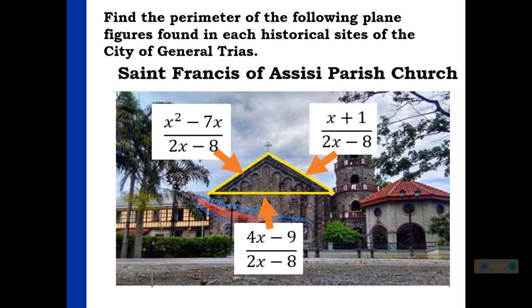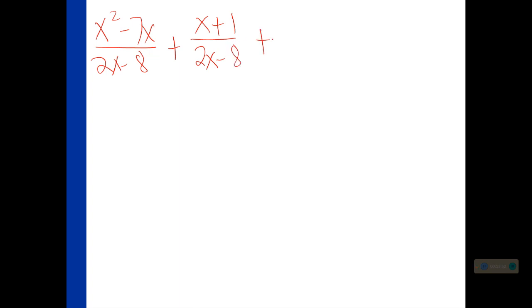So therefore, for us to solve this, you may have (x squared minus 7x) over (2x minus 8) plus the next side (x plus 1) over (2x minus 8), and the third side (4x minus 9) over (2x minus 8). So as I had said, copy the denominator. So we have here 2x minus 8.